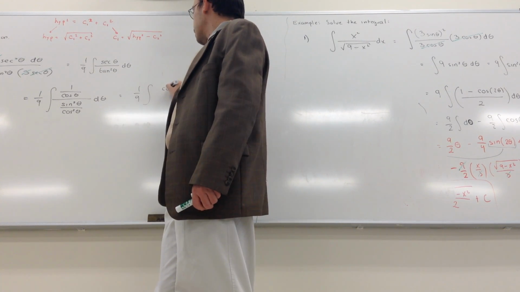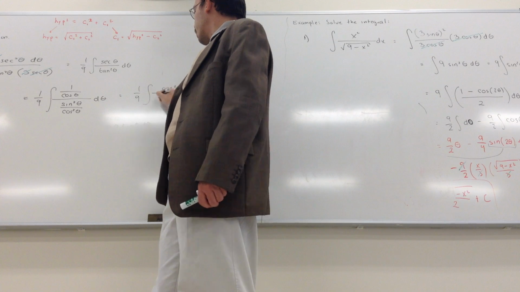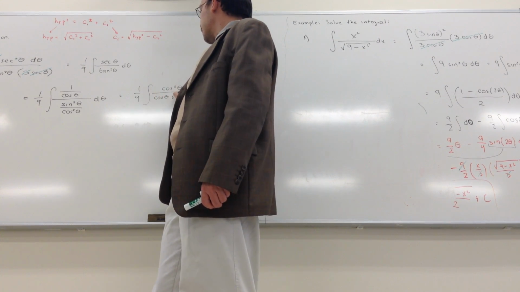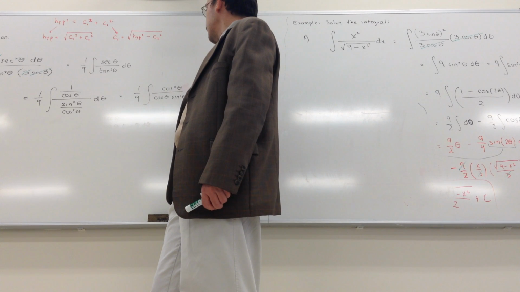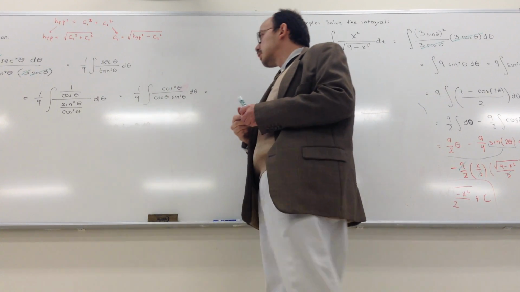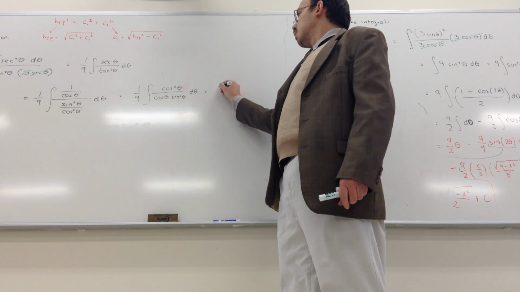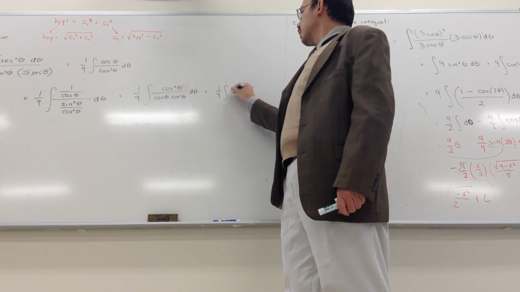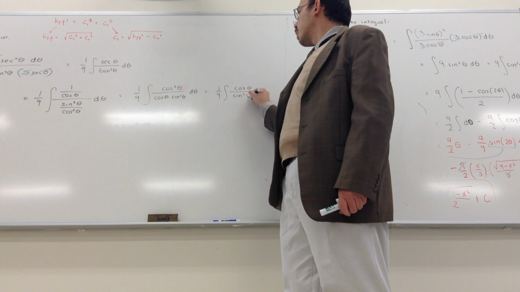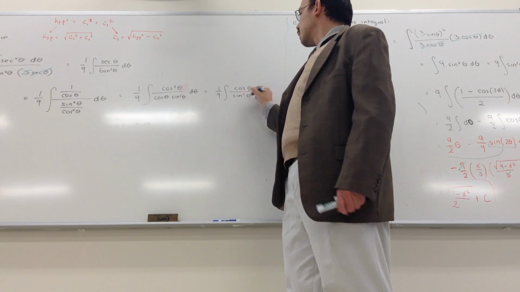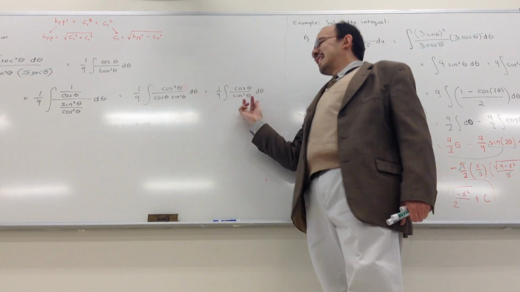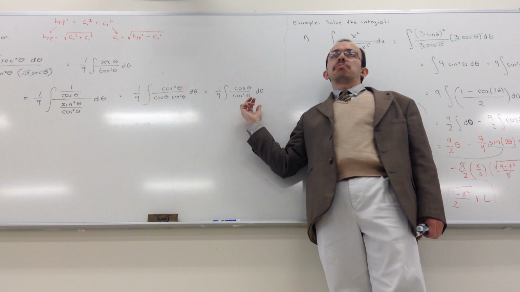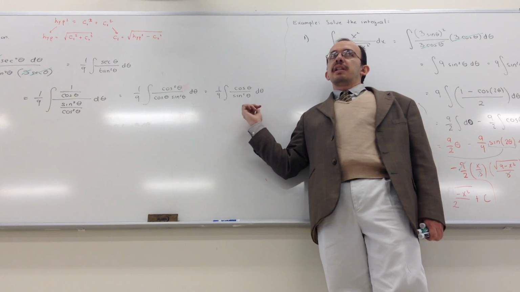So it's going to be cosine squared over cosine and sine squared d theta. Can I simplify that? Just one single cosine and sine squared. Is that useful? Actually, it is.